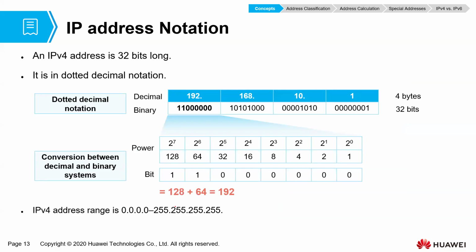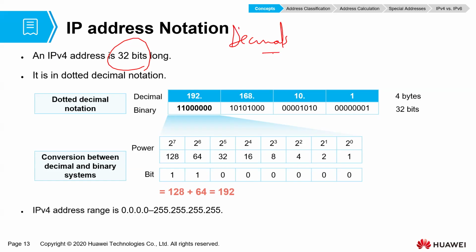IP address notation. An IP address is basically made of 32 bits. So at this point, digital number systems will probably need to kick in, because our notation is binary. In an IP address, the representation is decimal when we are looking at it.